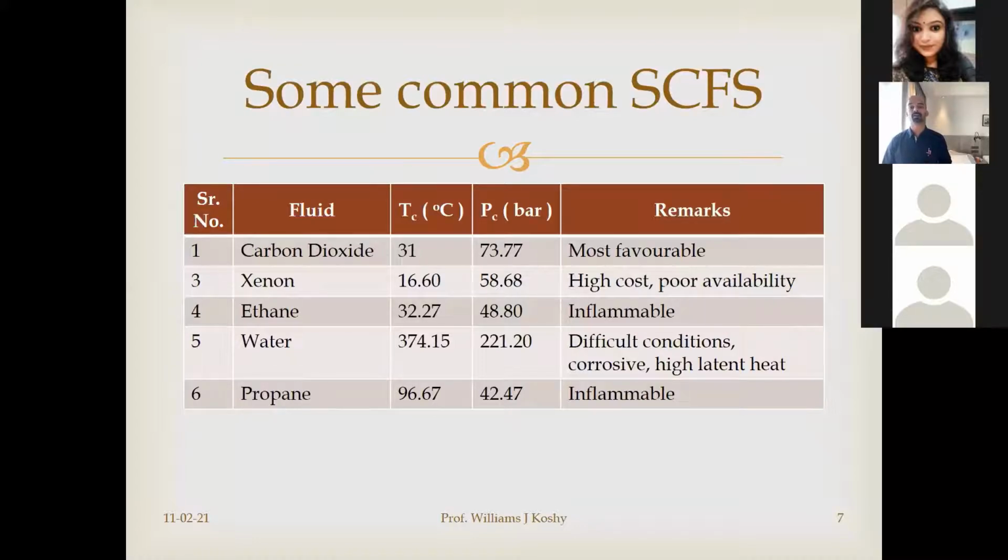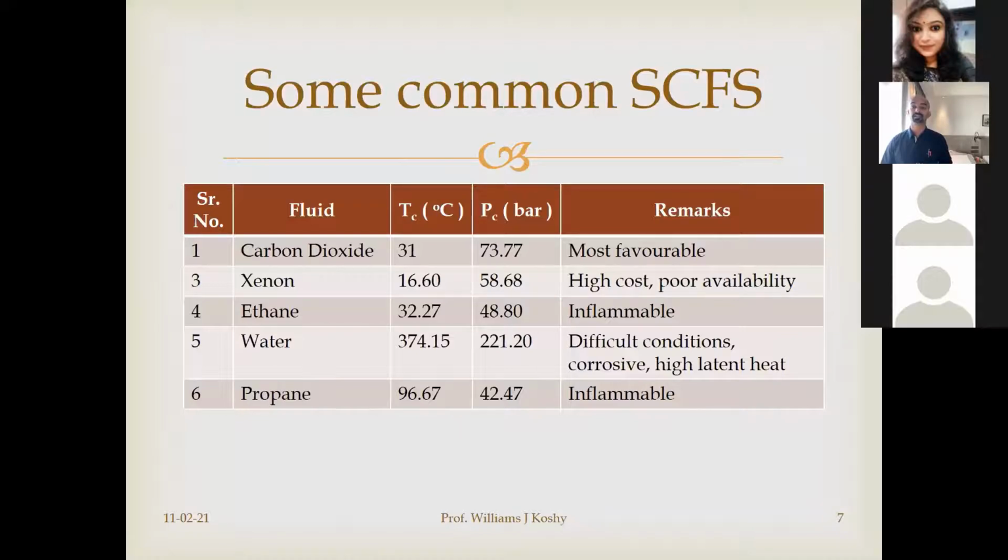Again, being water, आपके पास water हो, आपके पास temperature हो, आपके पास pressure हो, the chances of corrosion increase ten times, n number of times. It increases n-fold. So the water along with the temperature and pressure conditions make it highly corrosive. और दूसरी बात, high latent heat. इतने वाटर को जब आप इस टेम्परेचर तक लेके जाएंगे 374.15, आफ्टर 100 डिग्री सेल्सियस वाटर विल बॉयल.